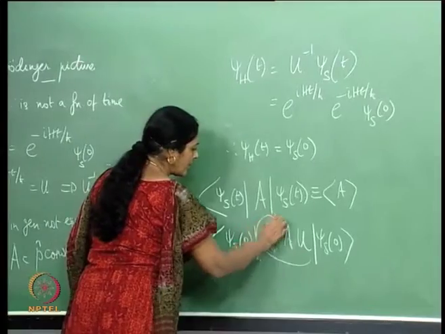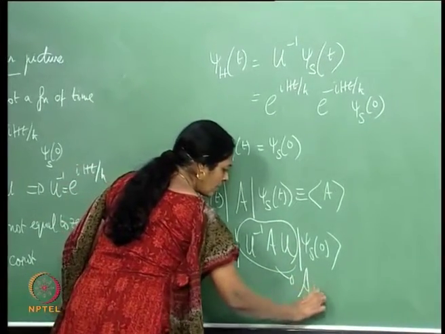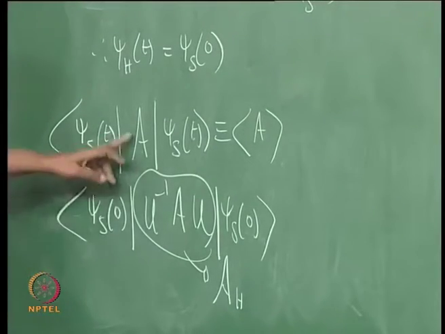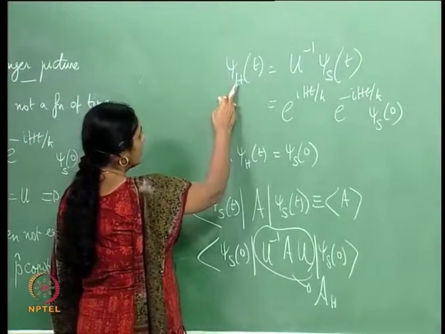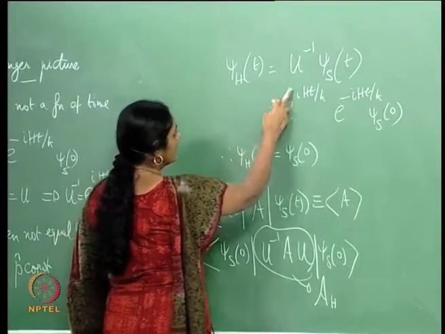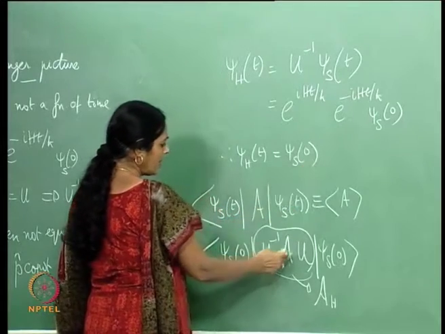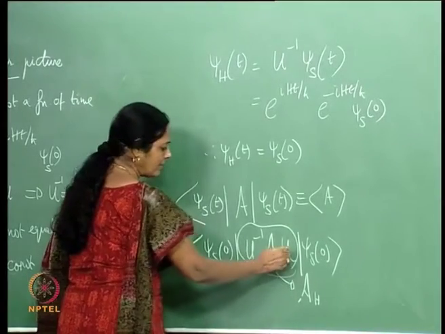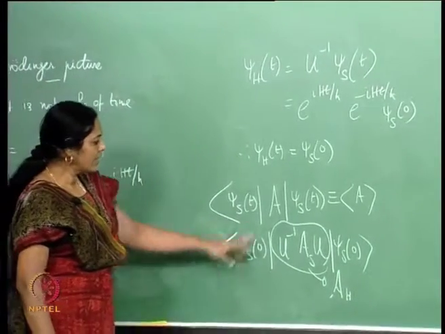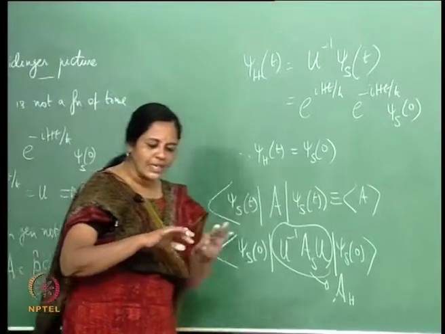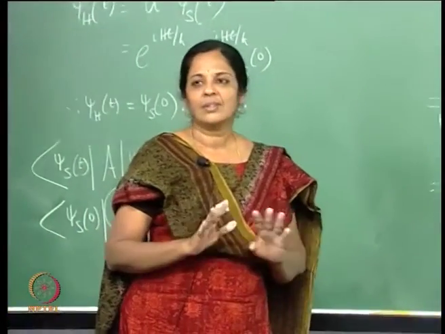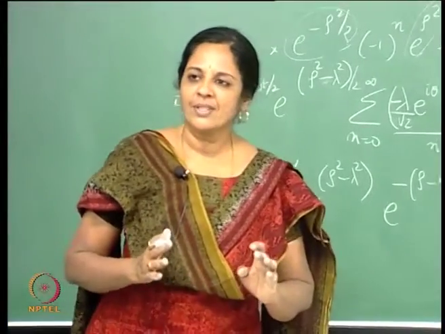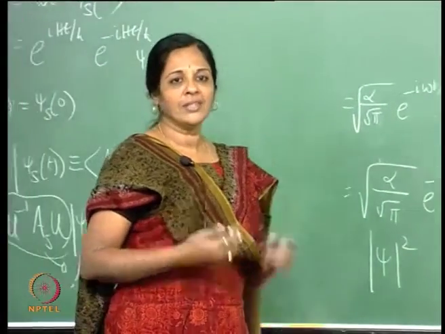So, if I now say that U inverse A U is the operator in the Heisenberg picture, then it is evident that while psi H of t is simply psi S of 0, the operator A H is U inverse A Schrodinger U, and then it is clear that the expectation values at any time in both pictures are the same, and that is what we want, because the measurables should not depend upon which picture we use for convenience of calculation.